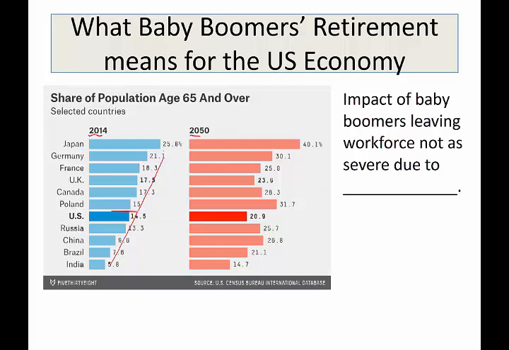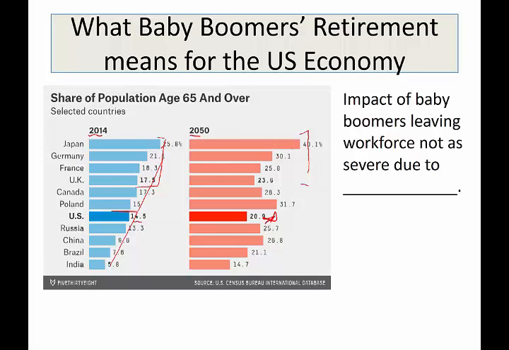Well, you can see Japan currently has the most extreme aging, followed by Germany, France, and the UK. So a lot of Europe has an aging population as being a bigger part of their total population. And certainly by 2050, that is expected to increase quite a bit. You can see the U.S. is going up not quite as much as the other countries.